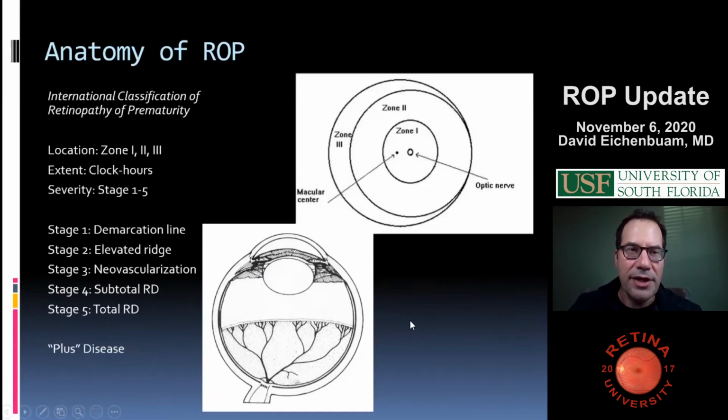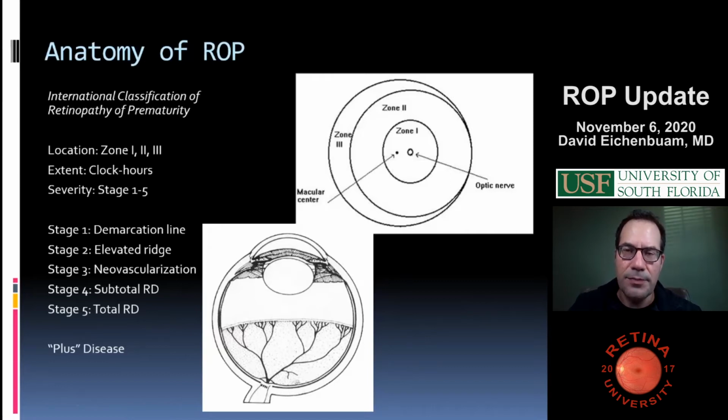And there are three ways that you classify retinopathy of prematurity. It's by location, extent, and severity. Location goes from posterior to anterior, and it's typically written in the Roman numerals 1, 2, and 3. Zone 1 is the most posterior, which is an area centered around the optic nerve.